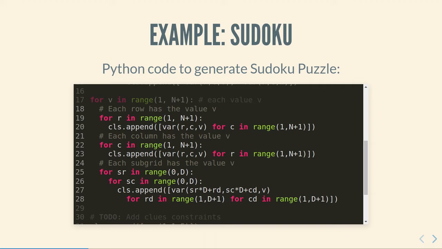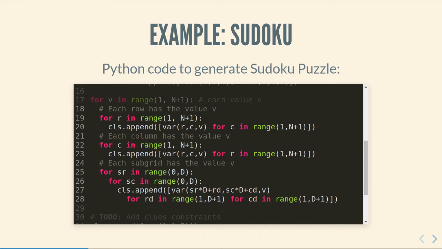And then it's a little bit more involved, but the exact same thing, except for each subgrid. So for subgrid index in 0 to D, that is R and C, X and Y, and then we have R in range 1 to D plus 1, and it's essentially the same thing. You can bore over it if you want, but basically this is the entire encoding of the constraints of the Sudoku puzzle.